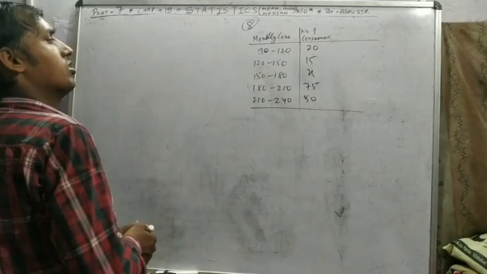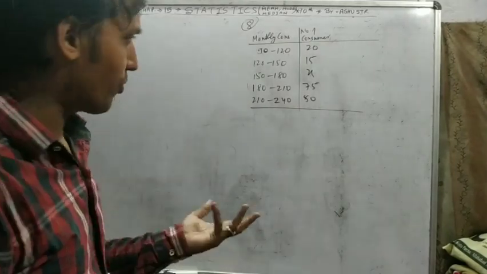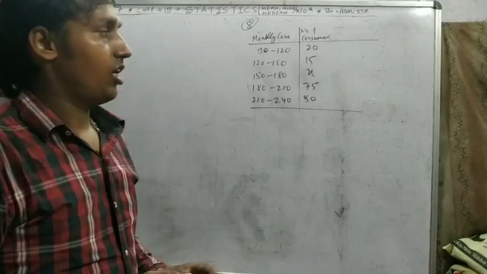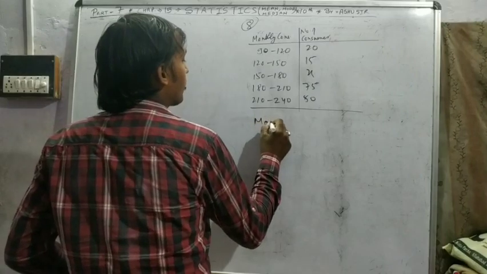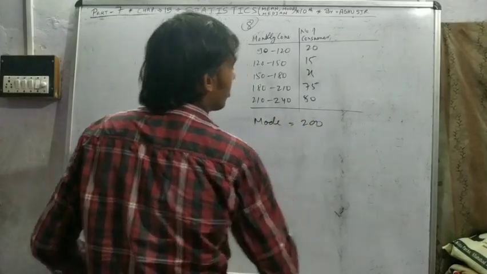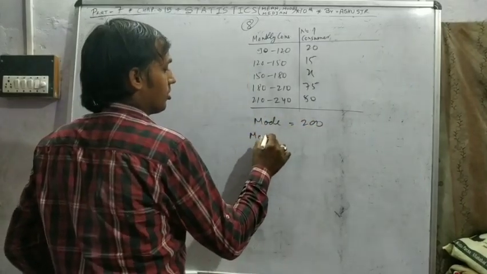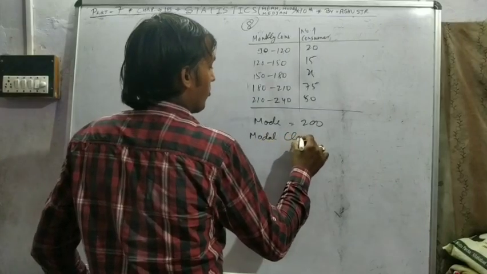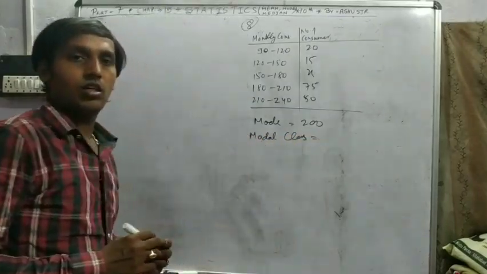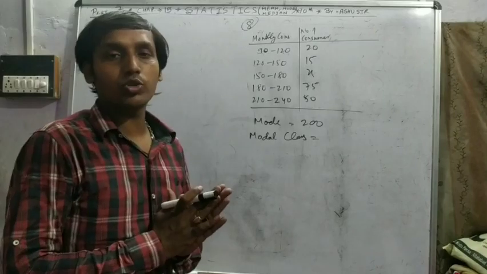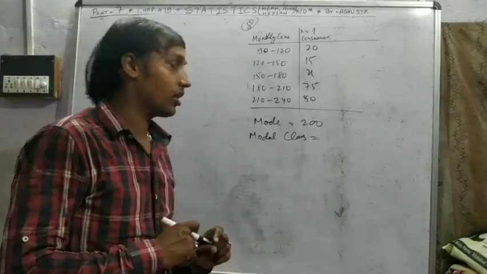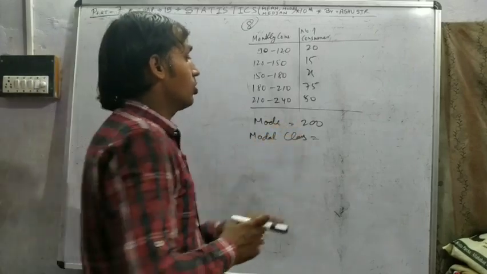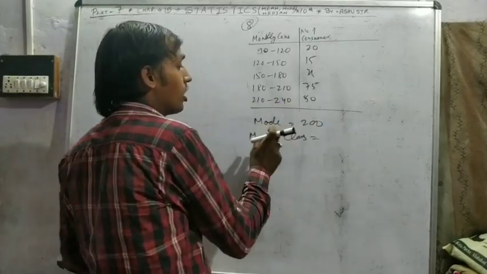Let's see this question. It's the same kind of missing frequency question, but here one frequency is missing and the mode is given. The mode of the given data is 200. The main thing we are taking these questions for is explaining this topic: if the mode is given, the mode always lies in the modal class.